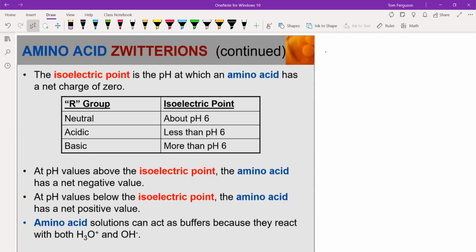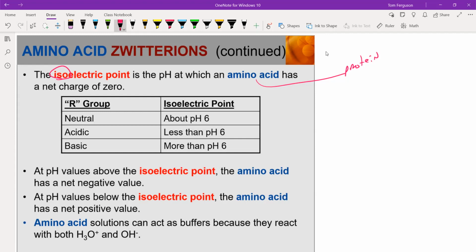Now there's something which is really an important characteristic of both amino acids and proteins, called the isoelectric point. Okay. Iso means the same. So basically, at the isoelectric point of an amino acid or protein, and this applies to proteins as well, everything cancels out. There's a nice lab where you determine the isoelectric point of an amino acid that we're not going to do in here because of the other school.